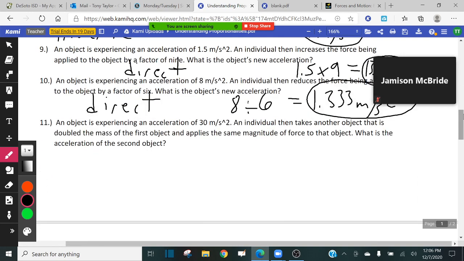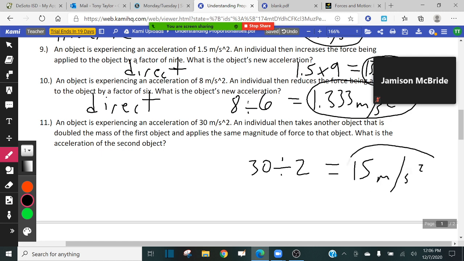So if my mass increased by a factor of 2, then my acceleration better decrease by a factor of 2. So I'm going to take 30 and divide it by 2, which gives me 15 meters per second squared for my new acceleration for the second object.